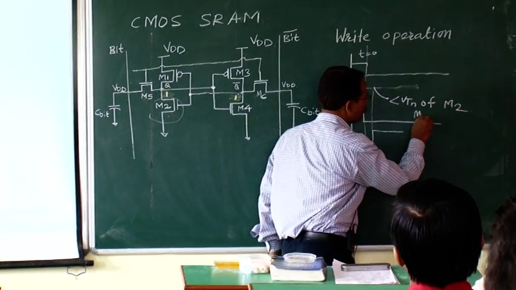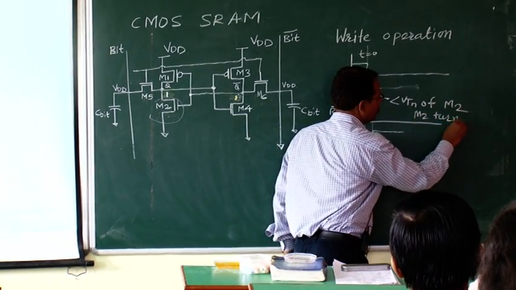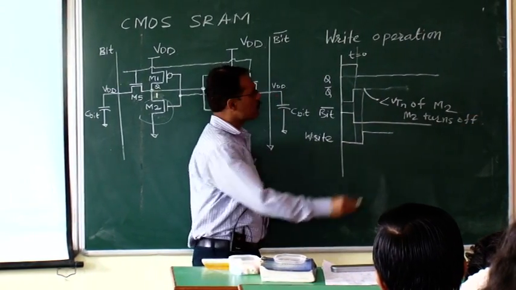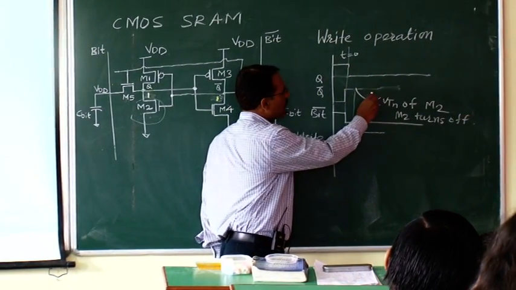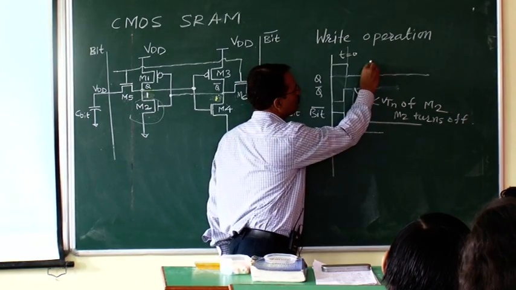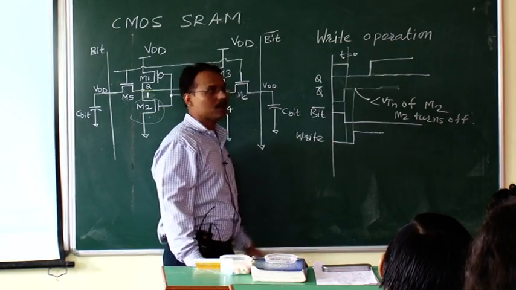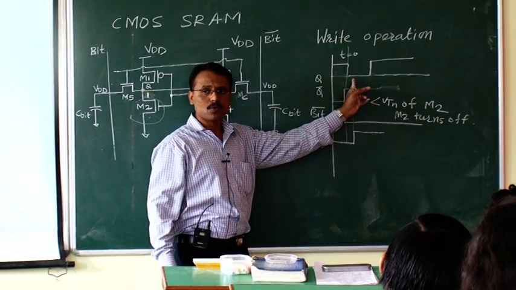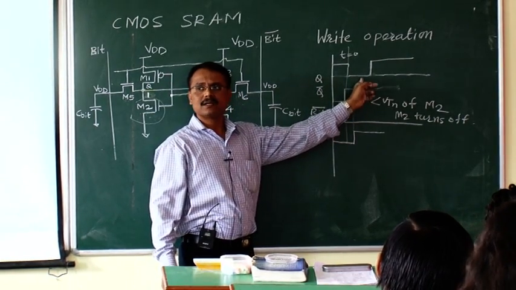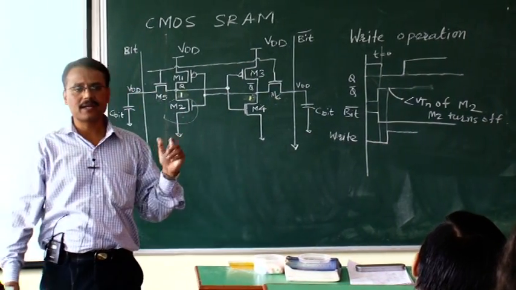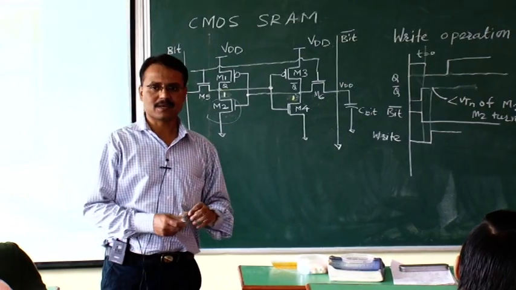I can write here, M2 turns off, and as M2 turns off, suppose this is that point, its output becomes 1. Yes or no? Earlier the content was 0 and I am writing 1, meaning I am modifying the content. So in this way I can write information in the SRAM cell.